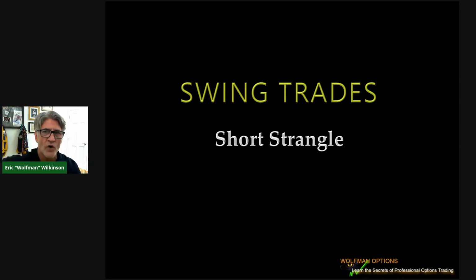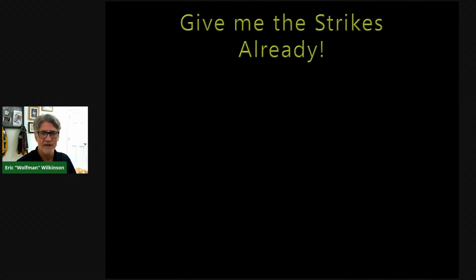Now, if I was worried about one directional move to the downside or a directional move popping to the upside, then I would eliminate one side of this trade, right? I would make it more directional. But in this case, coming into it, my market directional assumption is we're going to trade sideways, okay? So if I believe we're trading sideways, I want to sandwich this bad boy. I want to capture it within that.